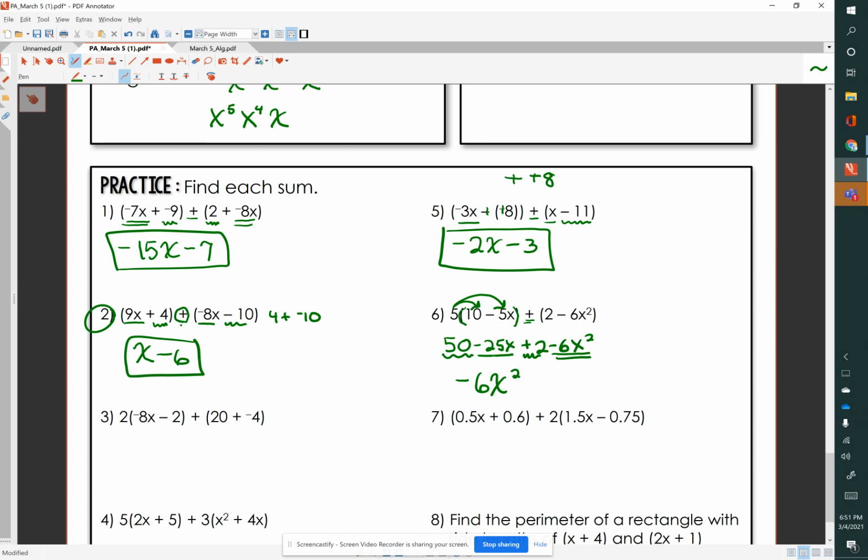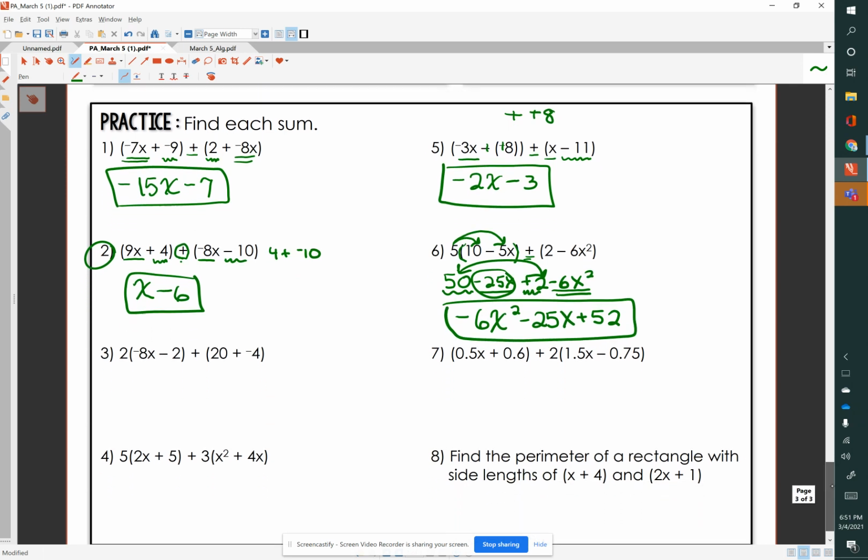Negative 6x squared. Now we've got our negative 25x. And now we have the 50 plus the 2, which is 52. And negative 6x squared minus 25x plus 52 is our final answer.